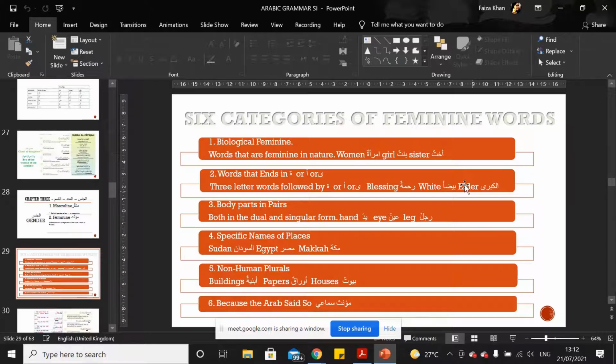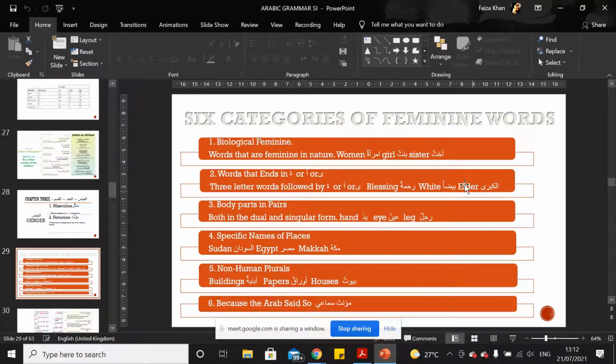But most of the time, like 90% of the time, when you see a word in Arabic that ends in ta marbuta, alif with hamza, or ya maksura, we say that these words will be considered feminine in Arabic grammar.